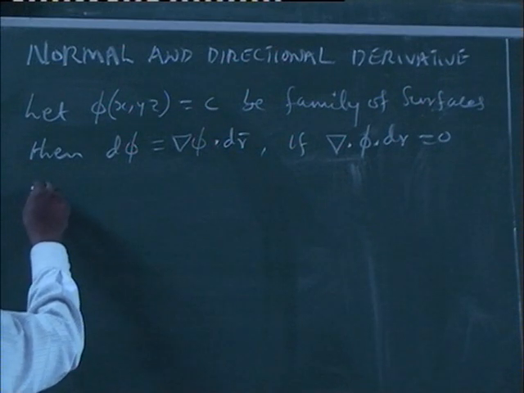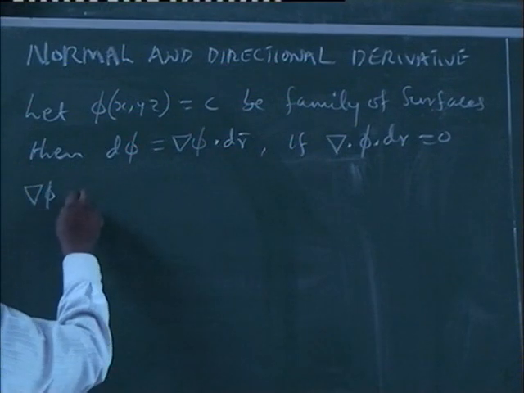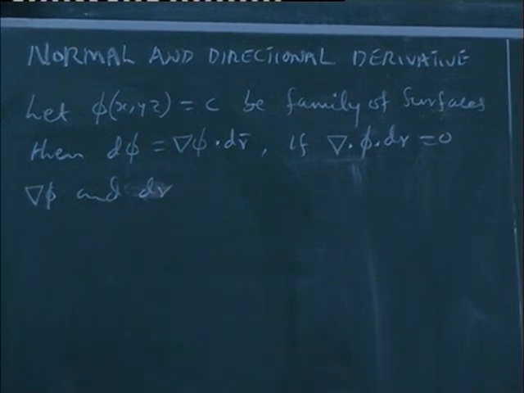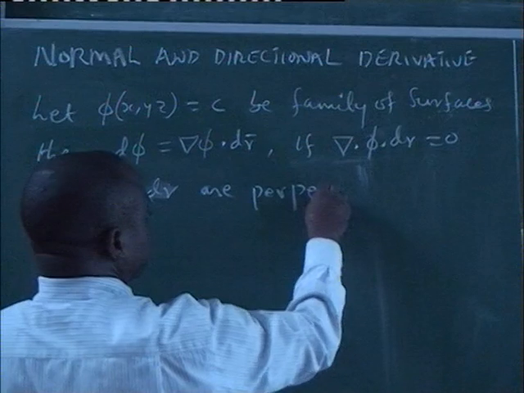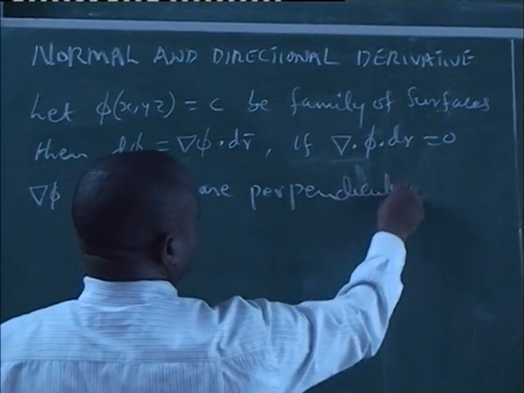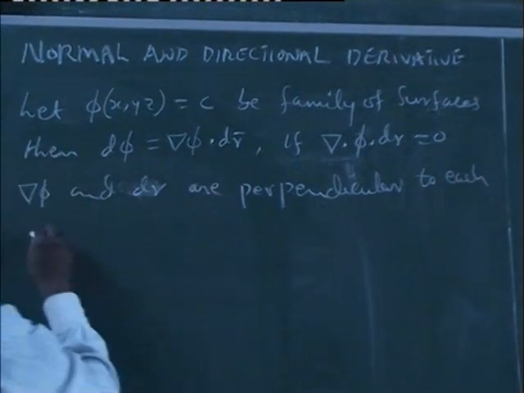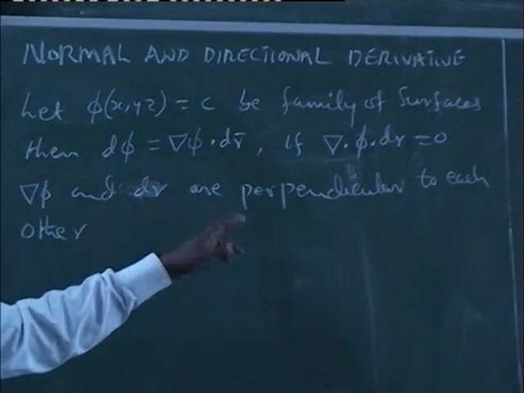If del phi dot dr equals 0, then del phi and dr are perpendicular to each other.